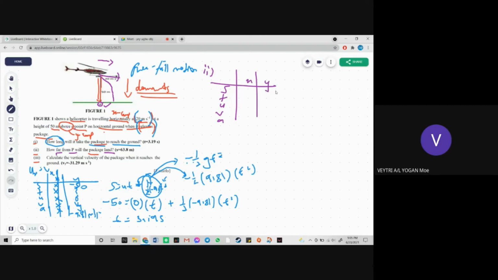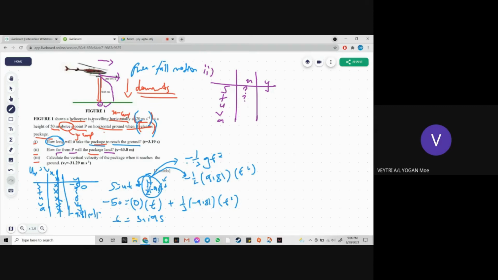Kenapa ada X component kali ni? Now, how far from P will the package land? Untuk yang ini, your X component untuk S, you kena cari. Next, time X component you kena cari. Initial velocity. Alright, now back to the question.